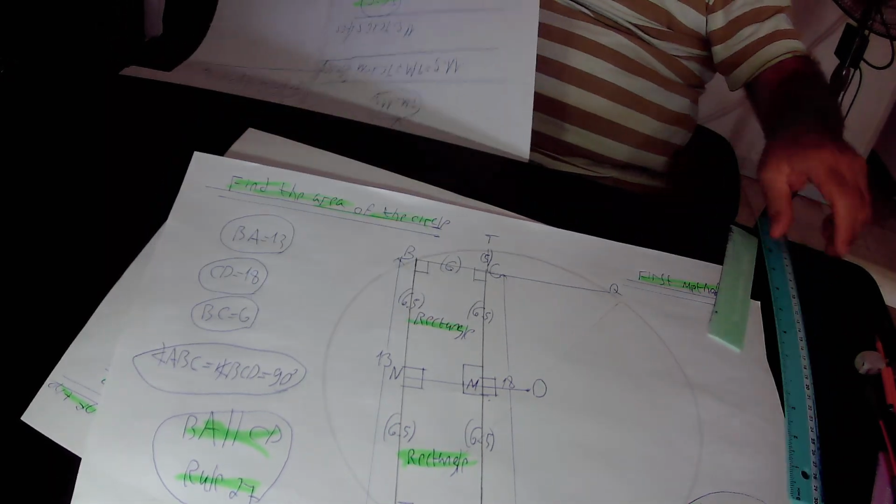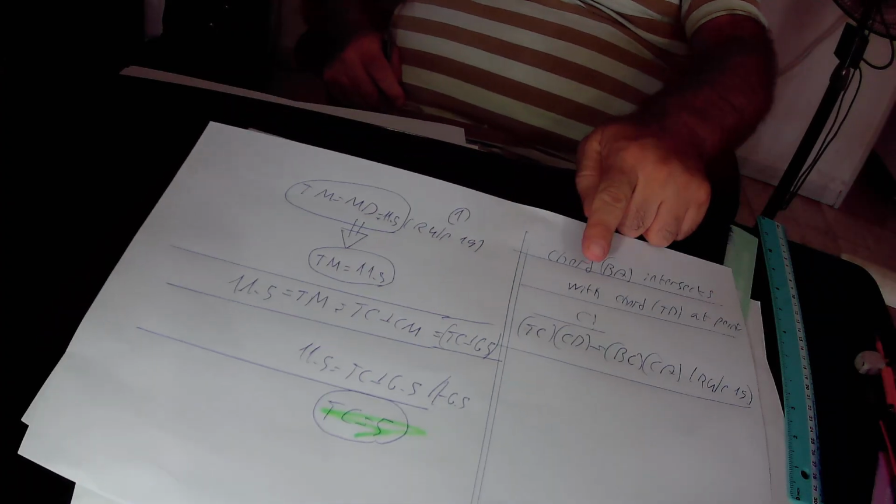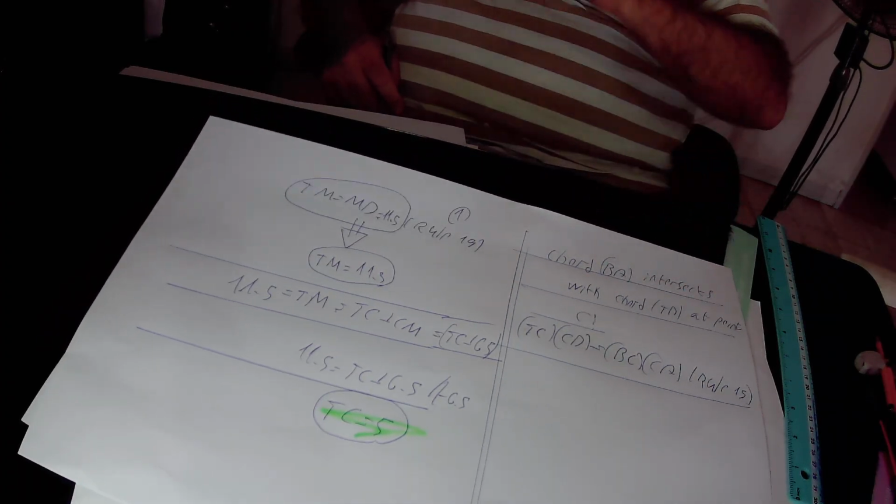Again, according to rule 15, the following equation is true: TC times CD equals BC times CQ.